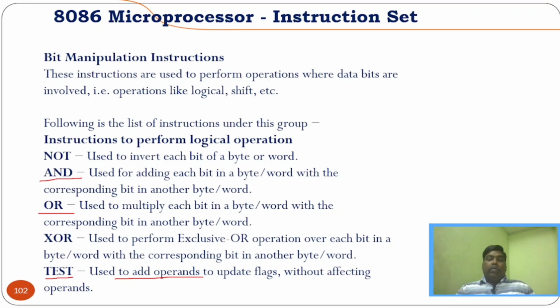It will only update the flags depending upon the result. If there is a carry, it will set the carry flag. If the result is 0, it will set the zero flag. So for the given operand, it does a bitwise AND operation and only updates the flags. That is called the TEST instruction.